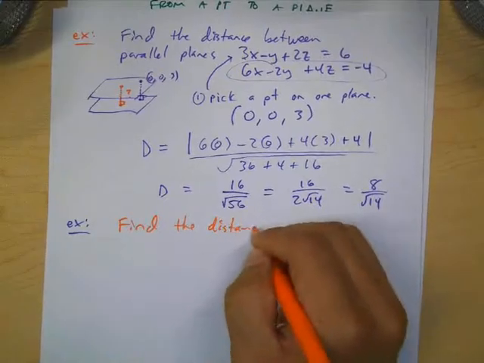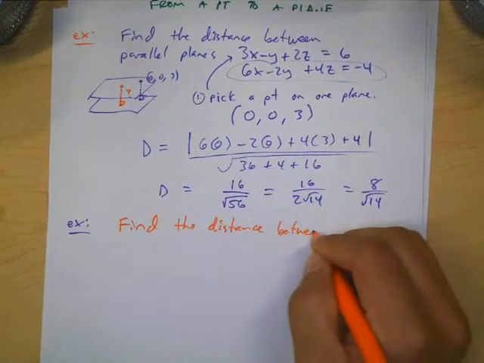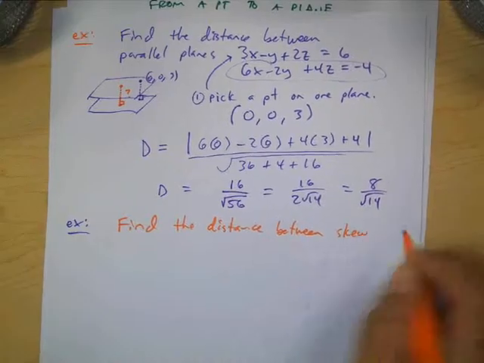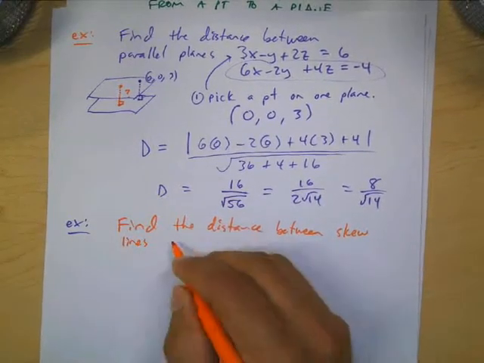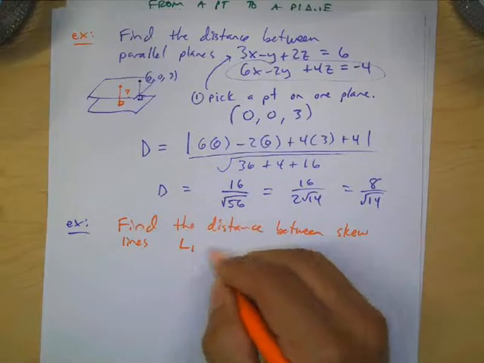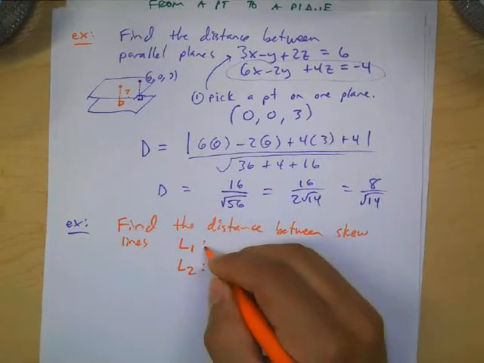So let's say we want to find the distance between skew lines L1 and L2.